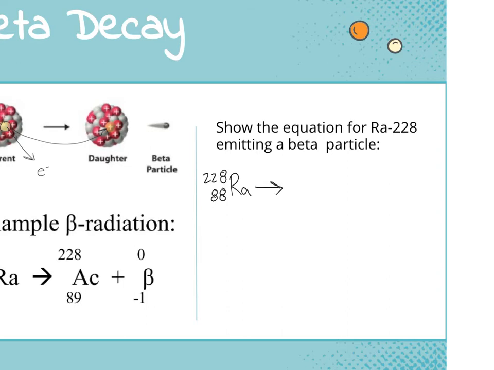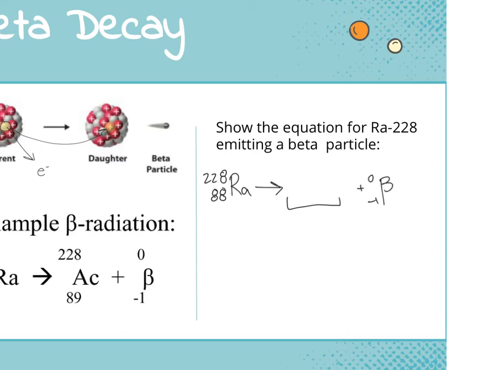So now what happens when it loses a beta particle? It's going to become a new element. But first, let's just write out this beta particle. 0, -1. So we know when this beta particle is released, a neutron is going to become a proton. So it's going to have 1 more positive charge than it had before.